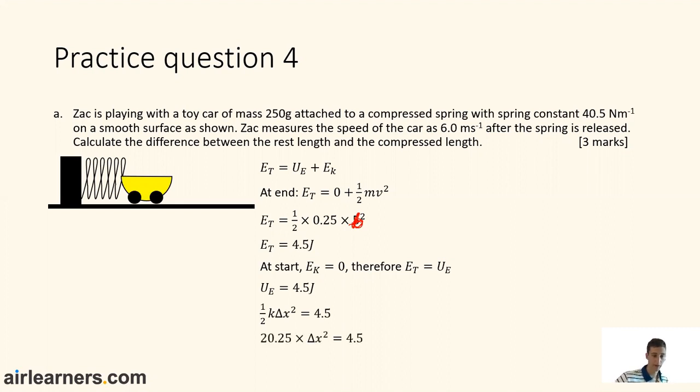So we get 4.5 divided by half k, which is 20.25. Then we get the change in x to be 0.1111, etc., which is the same as saying delta x is 0.33 meters or 33 centimeters. So that's going to be the difference between the rest length and the compressed length, because that's what we've defined the change in x to be.